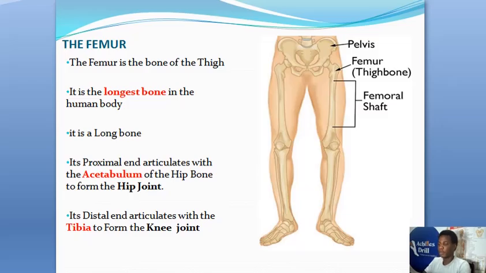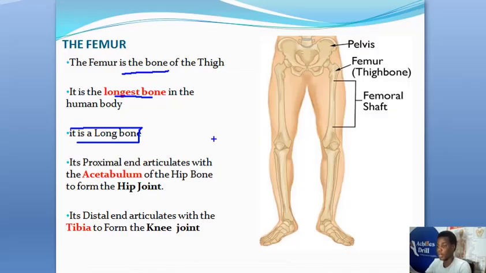The femur, of course, is the bone of the thigh, and aside from that, it is the longest bone in the human body. It's by far the longest bone. It is also the longest bone in the lower limb, of course. In the upper limb, the longest bone is the humerus. Now it is also a long bone. You know, in anatomy we have short bones, long bones, sesamoid bones, and so on and so forth.